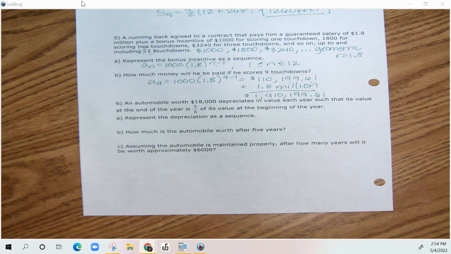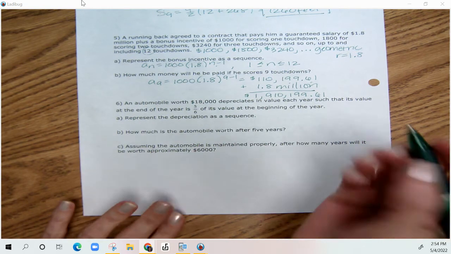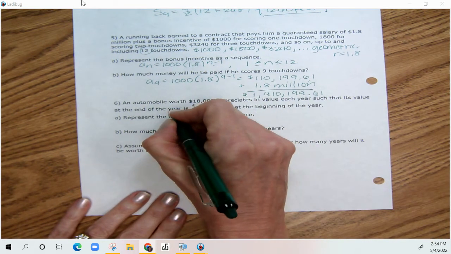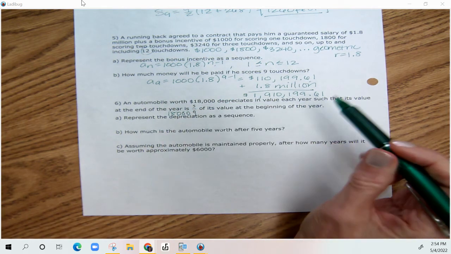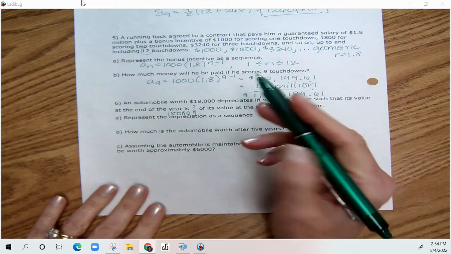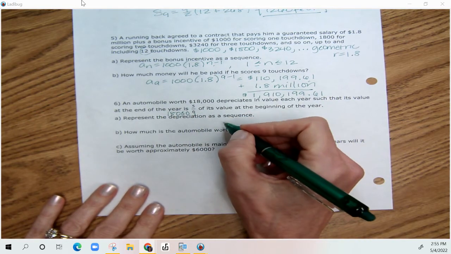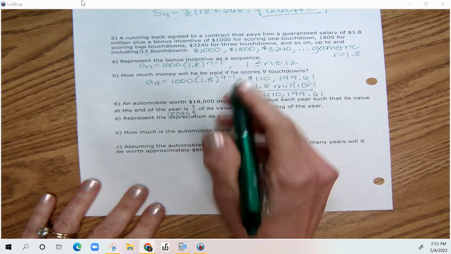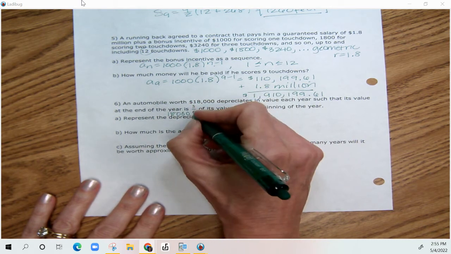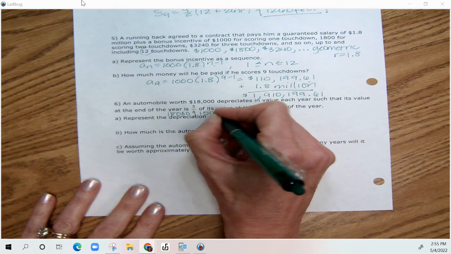Okay, so if you kind of think through, it's only worth $18,000 to begin with. And then next year it is 5/6 of that. So in order to figure out what it was worth at the next year, you would have to multiply by 5/6. So if you take 18,000 times 5/6, then it's worth 15,000.